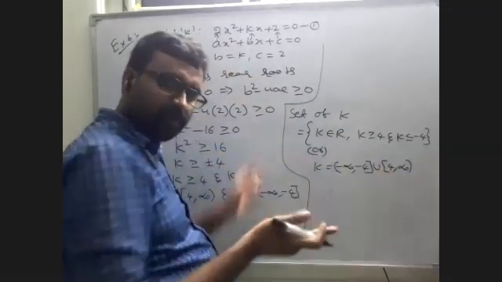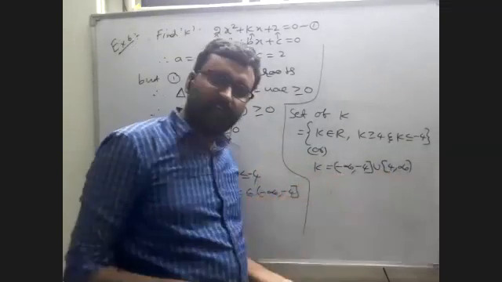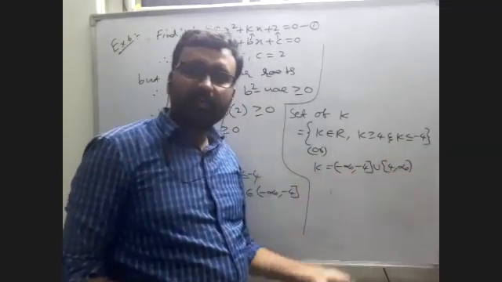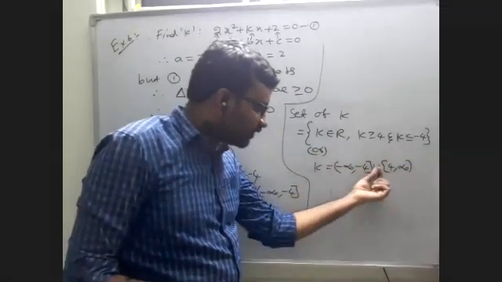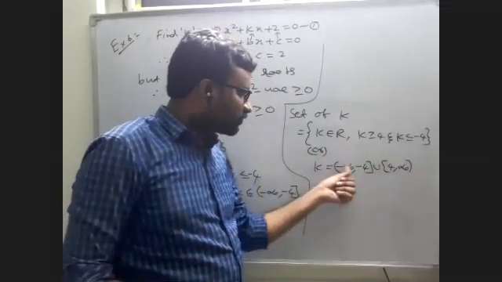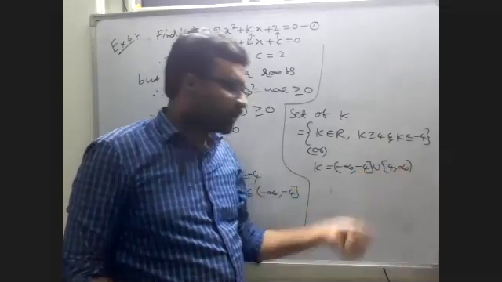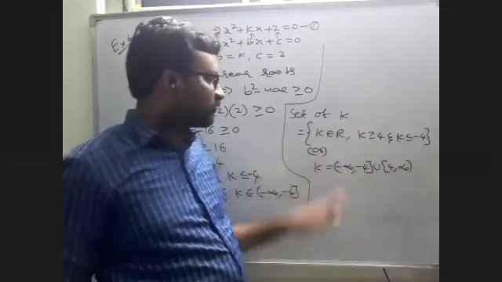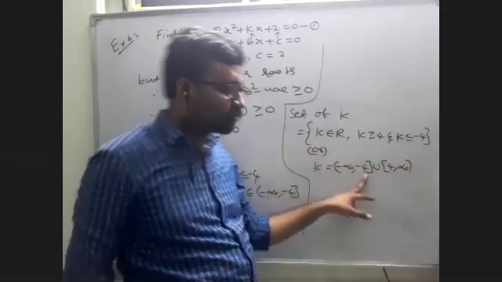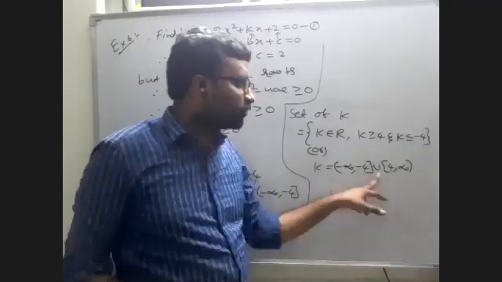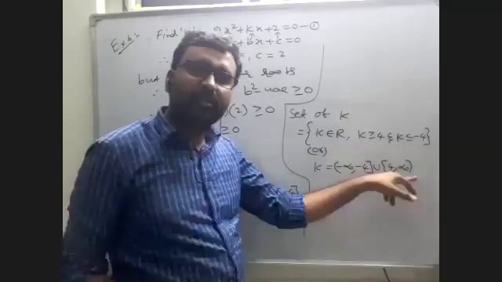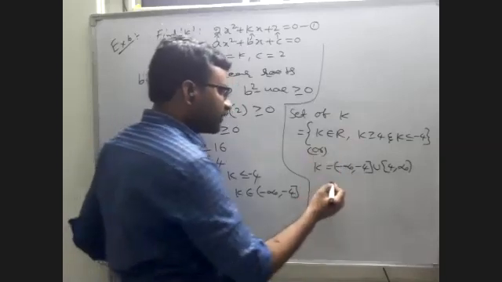Because 4 is included, minus 4 is included, minus infinity is not included, infinity is not included, and the values in between are also not included. Minus infinity to minus 4 okay, 4 to infinity okay, but the numbers in between are not okay. That's why we write minus infinity to minus 4 close bracket, union 4 close bracket to infinity open bracket, or there is one more way also.